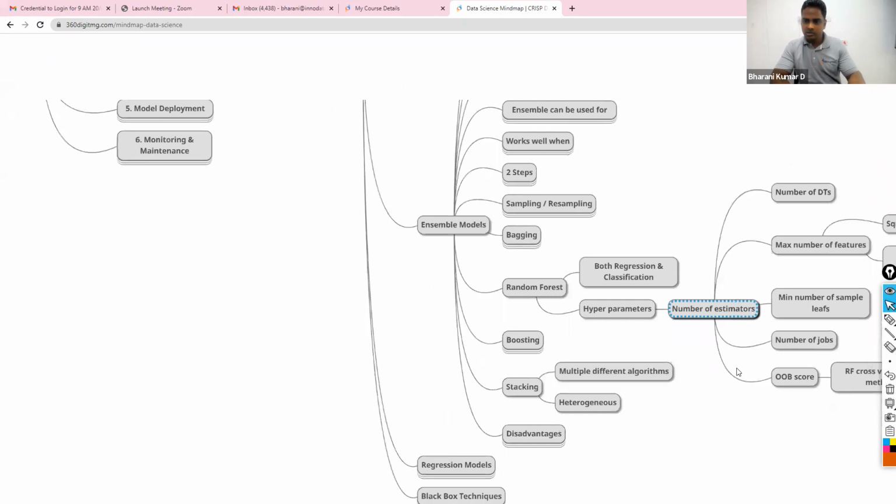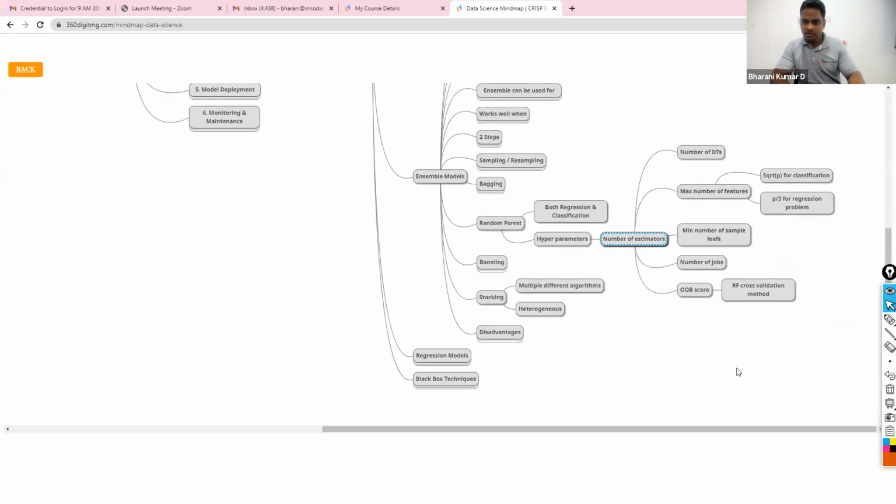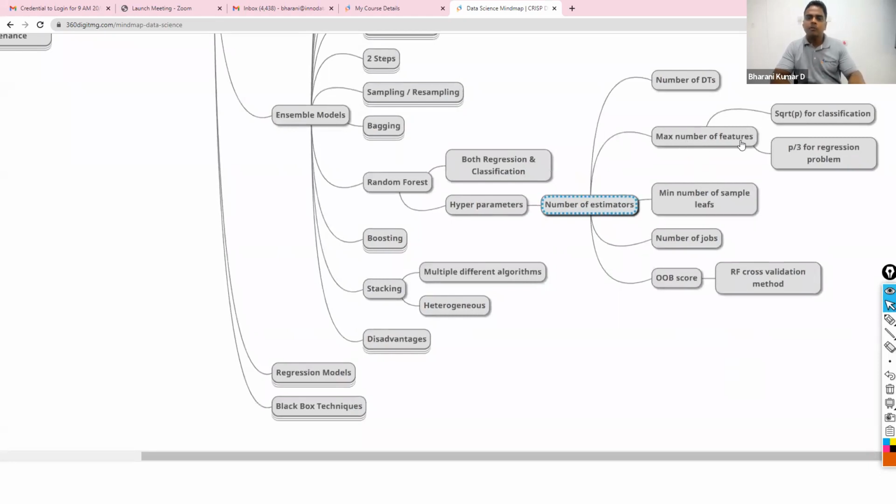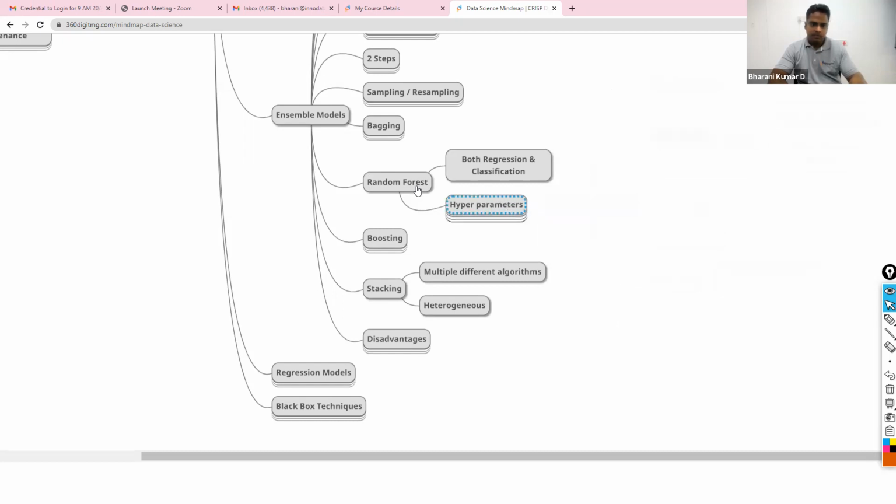Within random forest, these are the various hyperparameters. Maximum number of features that should be selected at each node is determined based on square root of p for classification, where p is the number of inputs, and p by 3 for regression problems. Number of decision trees that you want to run, number of jobs you want to run, minimum number of sample leaves, and so on and so forth, are your hyperparameters.